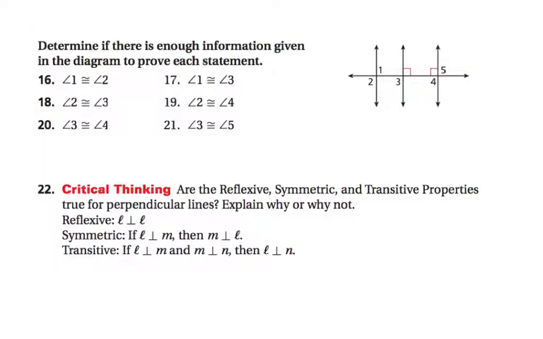Alright, so moving on. We're going to determine if there's enough information given in the diagram to prove each statement. So let's see. First of all, looking at the diagram, if I have something perpendicular to two lines, so this is this one transversal that is perpendicular to these two, those two are going to be parallel because of the fact that those two are perpendicular.